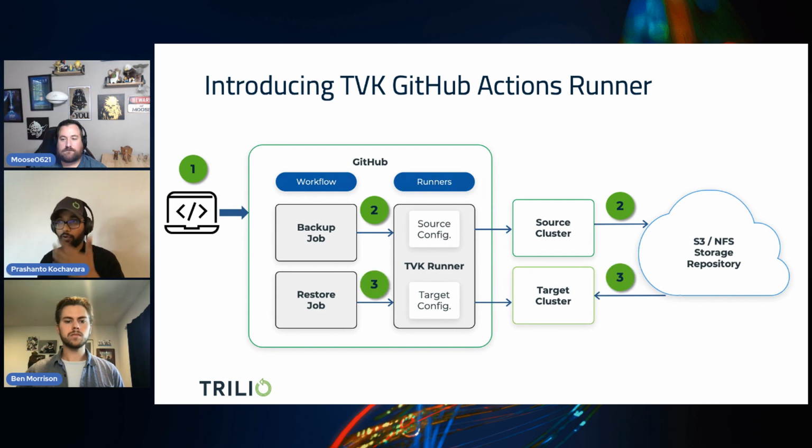Then the second part of the workflow would be the restore job. And what happens in this stage is, the runner again takes that copy of data that you had captured and brings that into the destination cluster. So as soon as your code has checked in, on one side you are running your integration tests, making sure that all the code can be packaged into a container image.